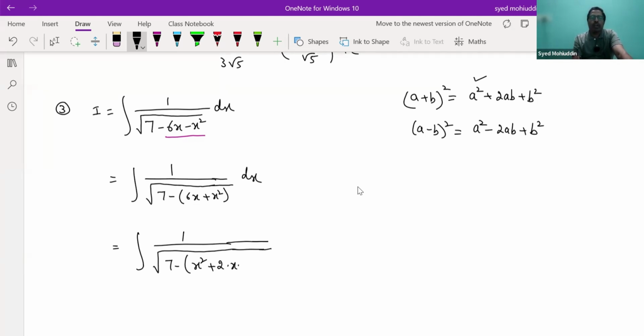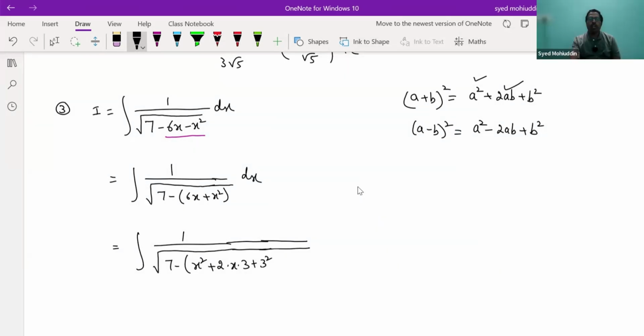So what should be the value of b such that I get 6? 2 threes are 6. This is just guessing, just by seeing 6. To get 6, 3 has to be multiplied. So 2ab is over, plus b² you have to get.